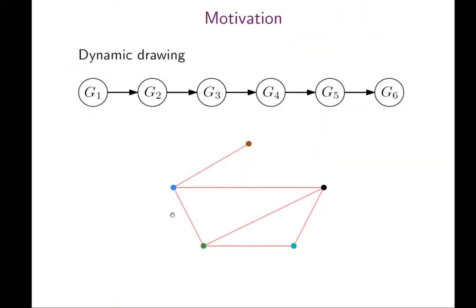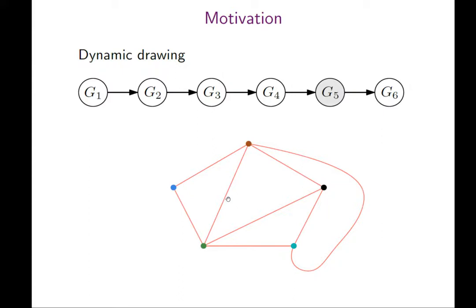Okay, so this is another part of the motivation. The next motivation is dynamic graph drawing. What you could imagine is that you have a graph G1, which is here, and you draw it, but then maybe someone says, oh, draw this extra edge, or delete that edge, and so on. And this continues and continues. So edges can be deleted, edges can be inserted, and every now and then you actually want to draw the graph that you're interested in.